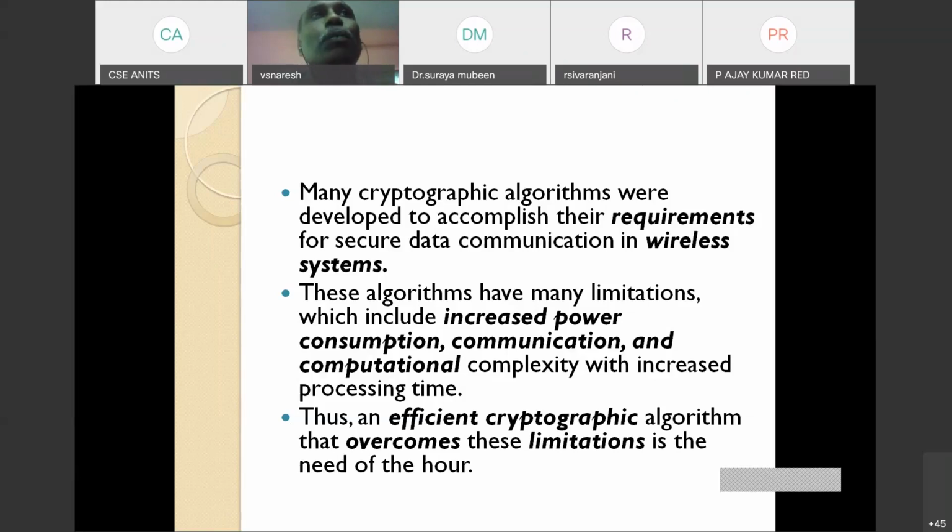So communication and computation are very difficult with resource constraints. Thus, an efficient crypto algorithm that overcomes these limitations is needed. You are going to work on that in this session.